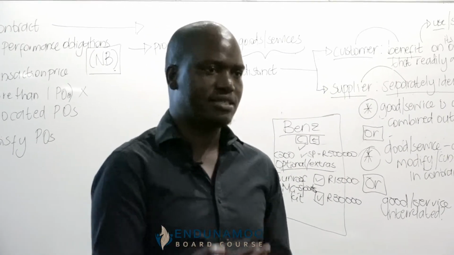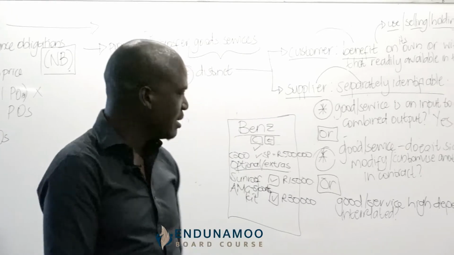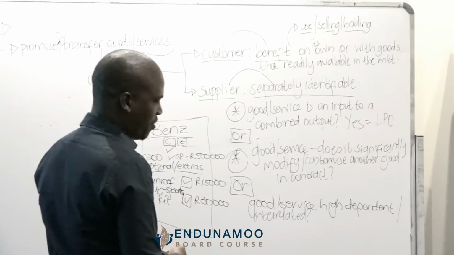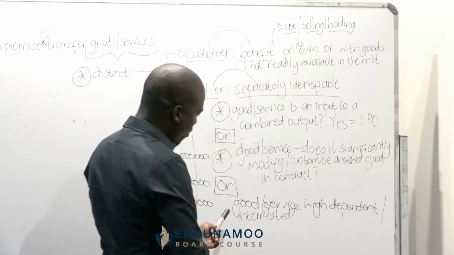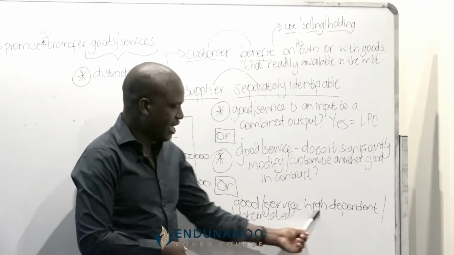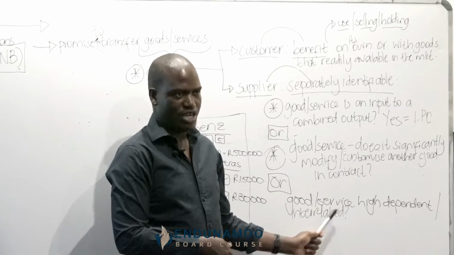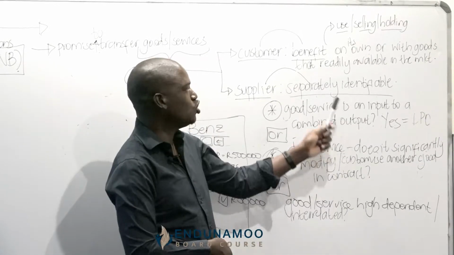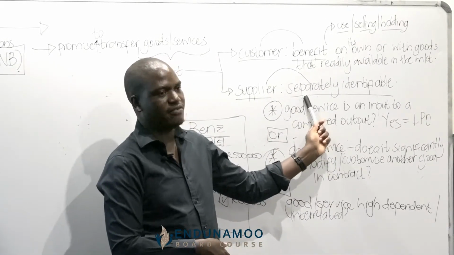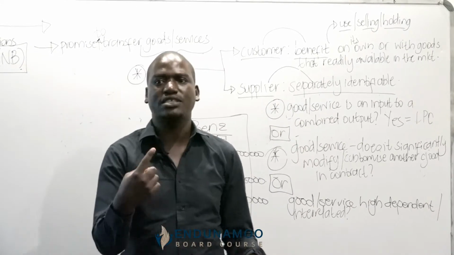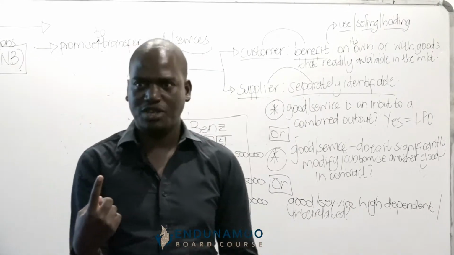In which case, the supplier has two performance obligations. And now we are saying that if the goods are highly dependent or interrelated to each other, then those goods should not be separately identified, but should be considered to be one thing altogether.